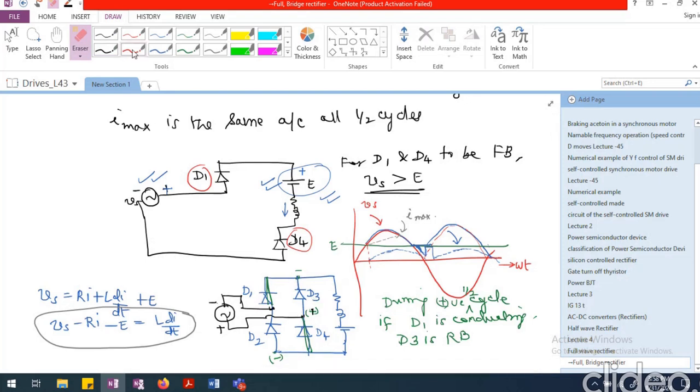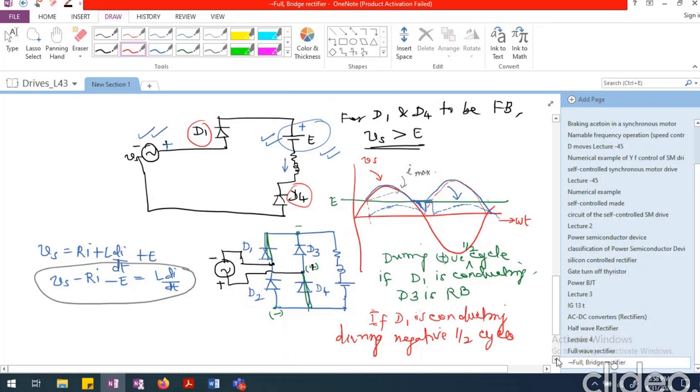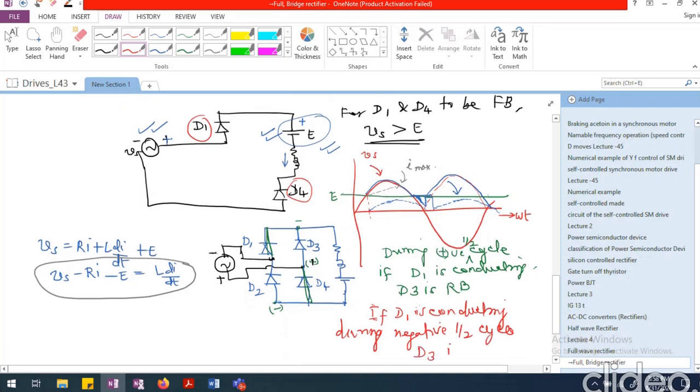So you can very well see that if D1 is conducting during negative half cycle, D3 is forward biased. So if D3 is forward biased, you are going to see the D3 device jumping into conduction.